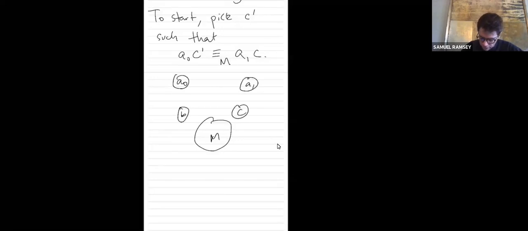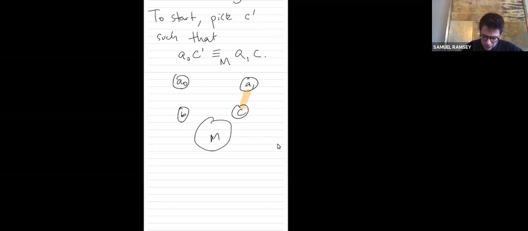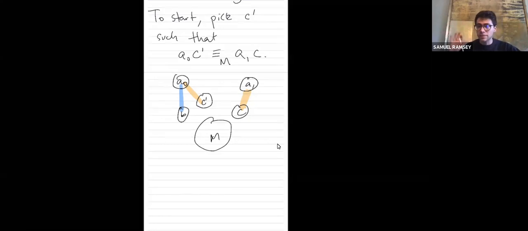And of course, like I had before, we've got some relations that hold between A1 and C, and we've got some relations that hold between A0 and B. And what we're doing is we're just going to pick some C prime that looks the same with respect to A0 as A1 looks with respect to C. And this we can do just using an automorphism, right? There's an automorphism over M that takes A1 to A0, see where it sends C, and then that's going to be your C prime. So that's the way you start.